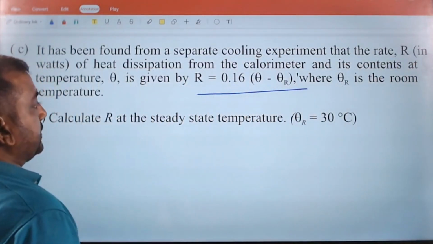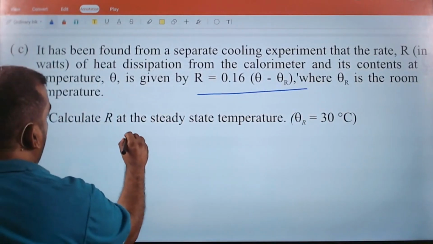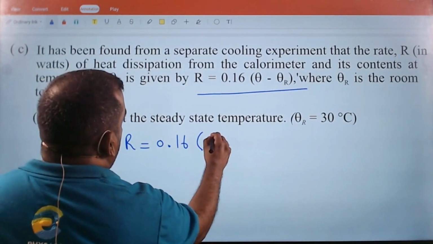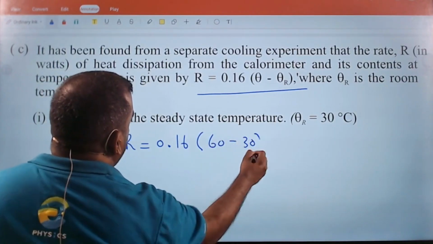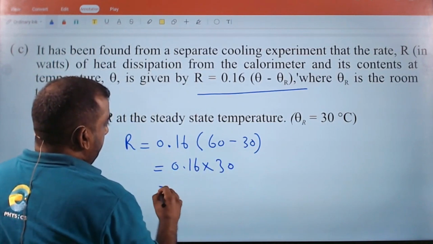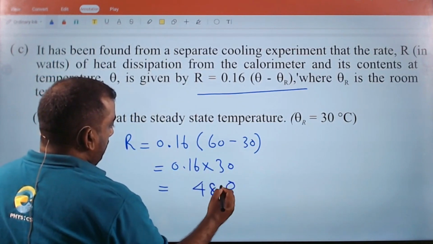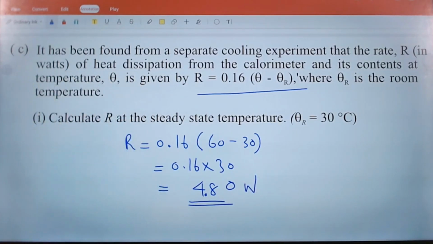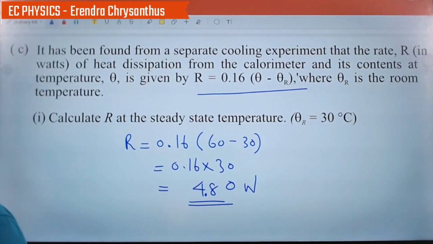Calculate R for steady state temperature. So R is equal to 0.16, temperature is 60, room temperature is 30. 0.16 into 30, 4.8 watt. So these are very basic calculations.